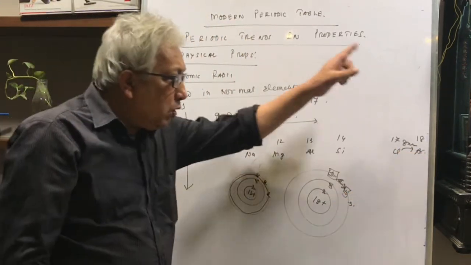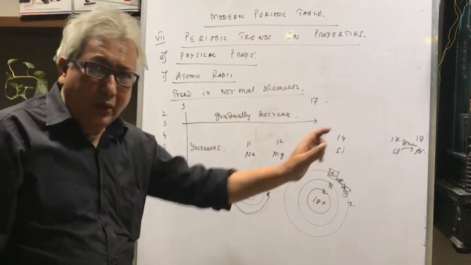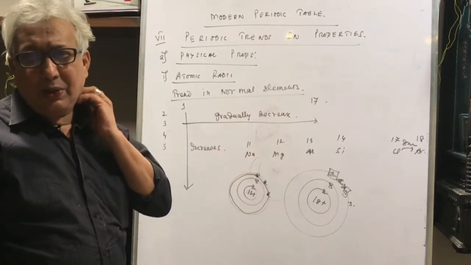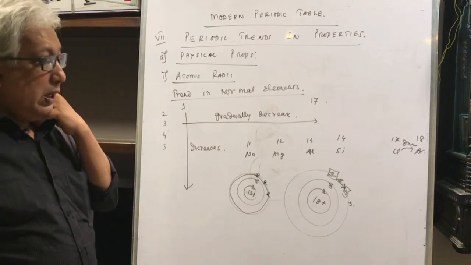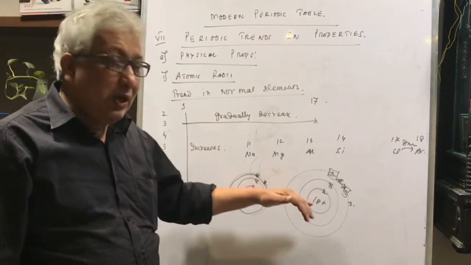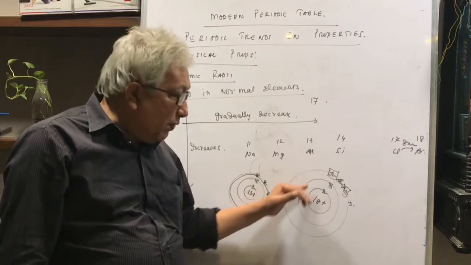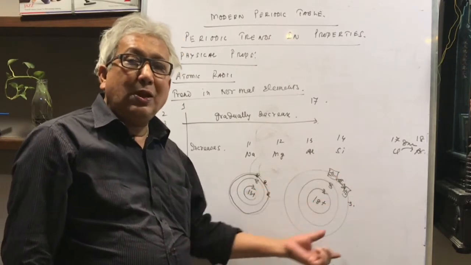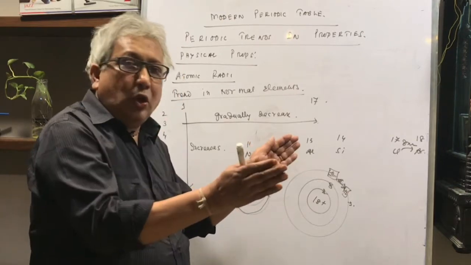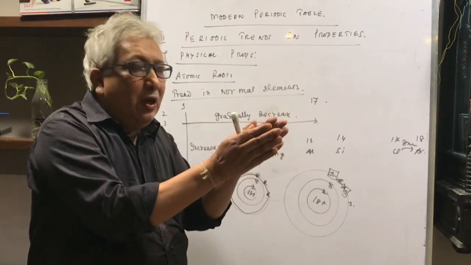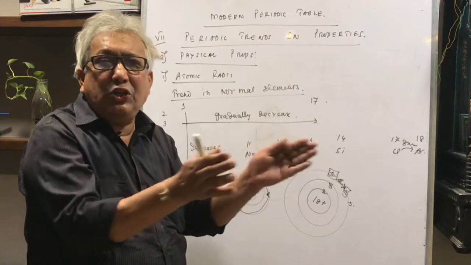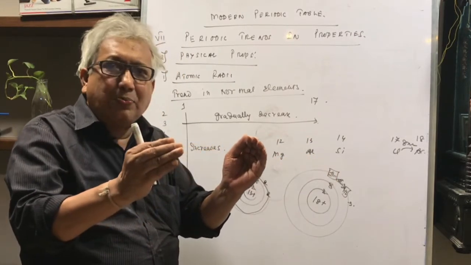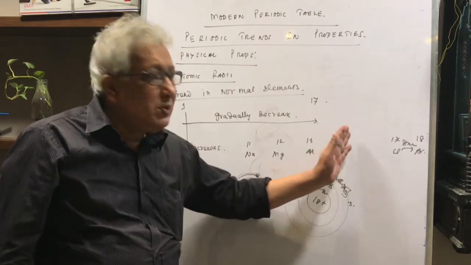I hope you understood. When you move from 17 to 18, in the case of noble gases, the nuclear charge has increased, the number of electrons in the same shell has increased, but all the electrons are paired up, and the paired up electrons give a little extra repulsion amongst each other, and because of that this shell gets a little expanded, and therefore the size becomes bigger.